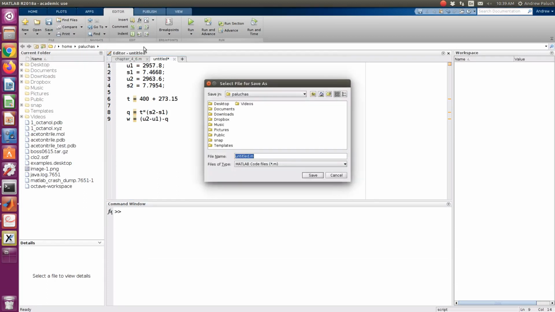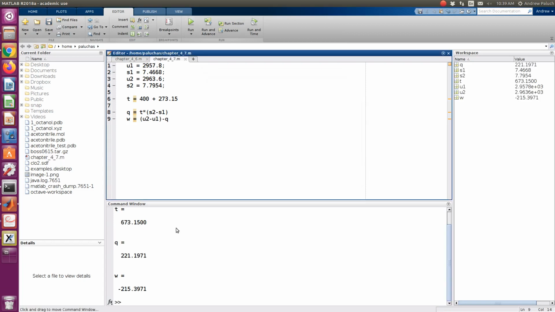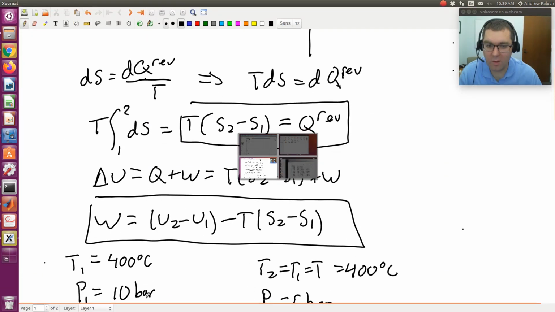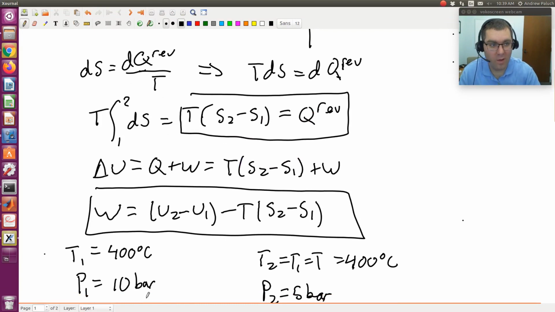Okay, so I'll just save this here for now. Okay, but if we run it, all right, for Q, we get 221.1971. That's kilojoules per kilogram. And W is negative 215.3971 kilojoules per kilogram.